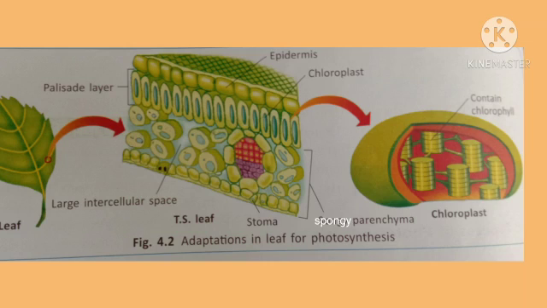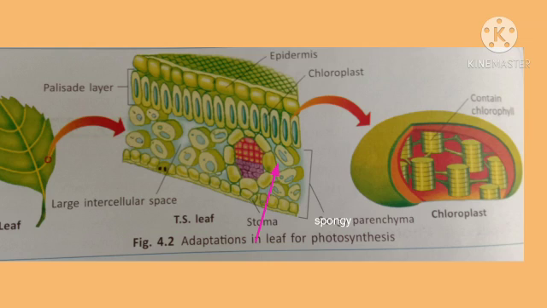The epidermis, especially the lower one, has many minute pores called stomata to allow gaseous exchange of carbon dioxide in, oxygen out. Then the cells below the epidermis, the parenchymatous cells, have lots of air spaces in them and chloroplast to absorb sunlight and air spaces to store carbon dioxide.